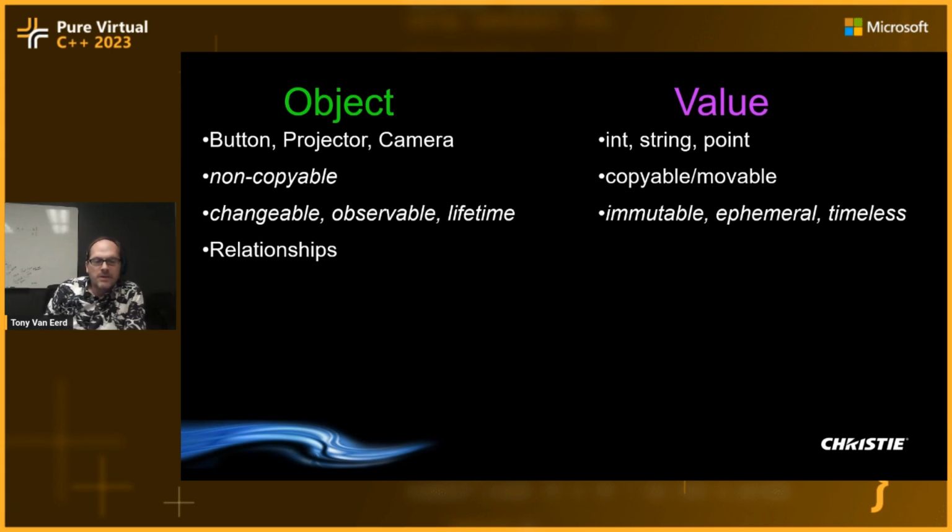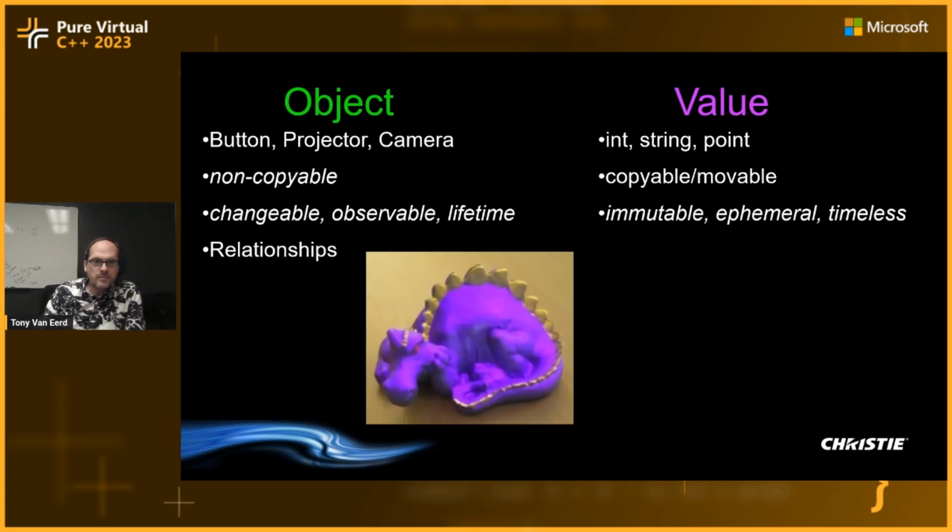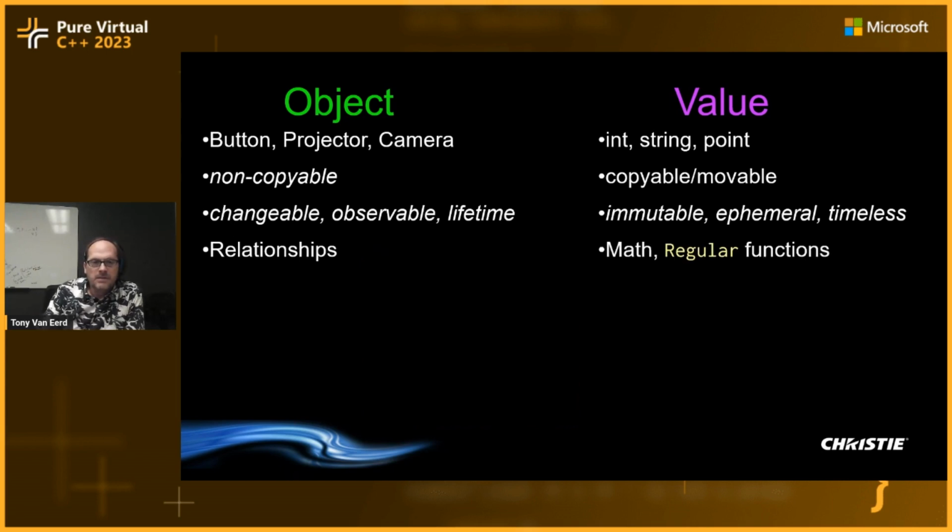And objects are the ones that get to have relationships, right? The dragon is on the table, and buttons are the child of a window. These are dynamic relationships that can change. I can take the dragon off the table, and the button can move around and not be on the window anymore. Values also have relations, but that's more mathematical, and they're static relations.